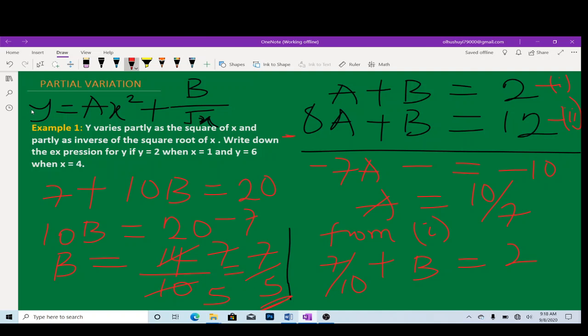Do you see that? So what do we do? Slot it back into this formula. So here we go.